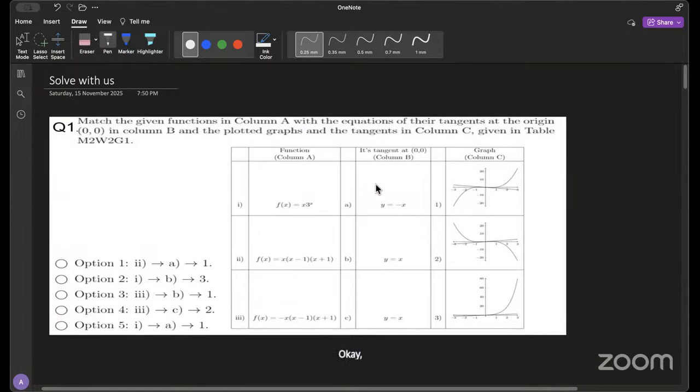Okay, so this is the first question. Just give this question a try and then we'll do it here. There are some functions and then you have corresponding graphs here. You have to match them with the graph and their tangent at 0, 0.